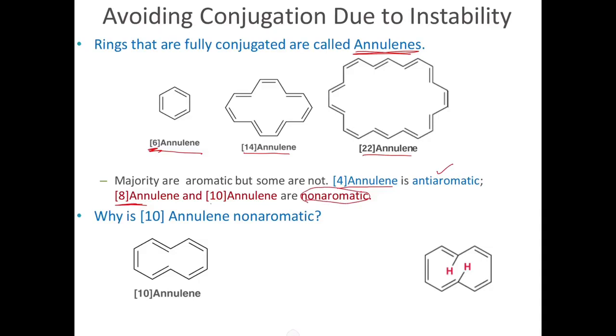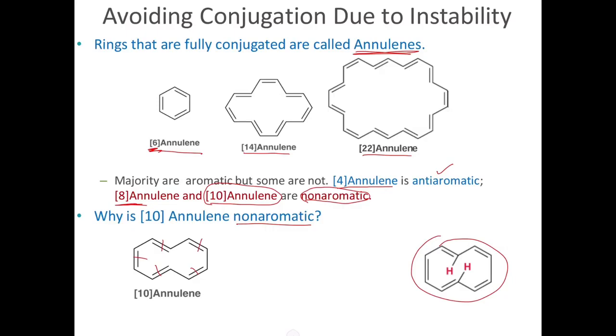How about 10-annulene? Well, let us find out why it is non-aromatic. If we use Hückel's rules, we're going to have 1, 2, 3, 4, 5. So we expect it to be aromatic. So then, if we do a molecular model, you realize that it experiences steric strain from the hydrogens.